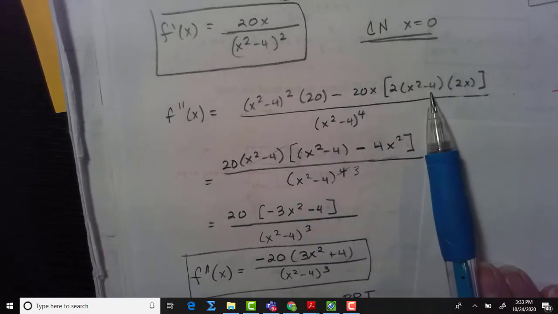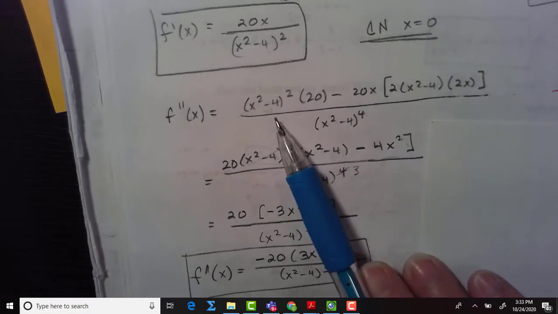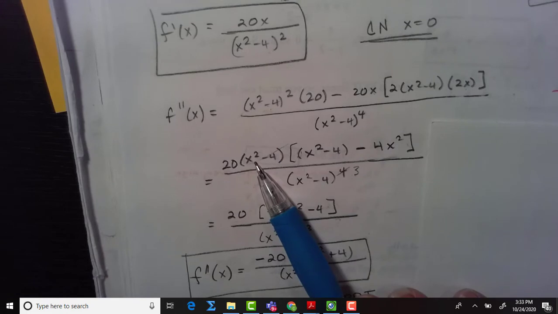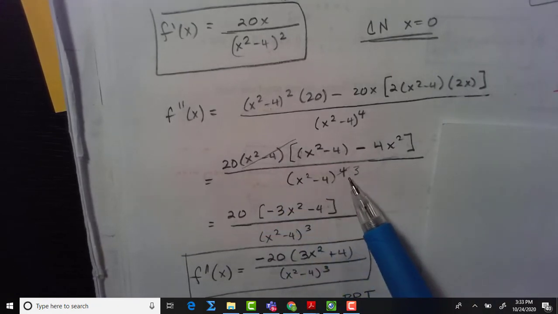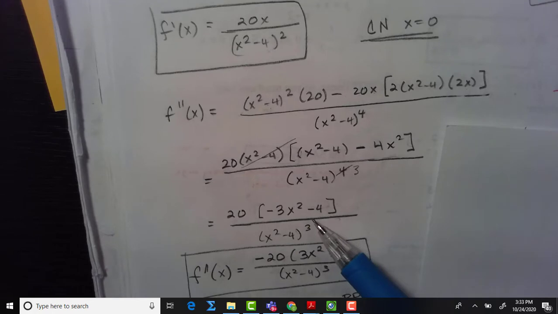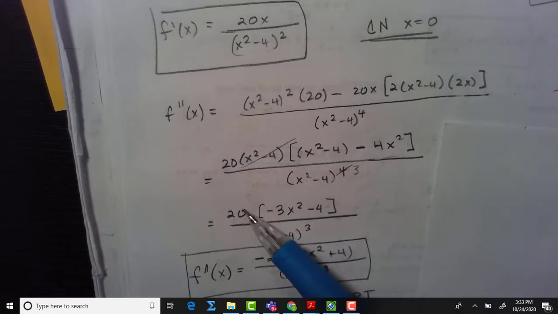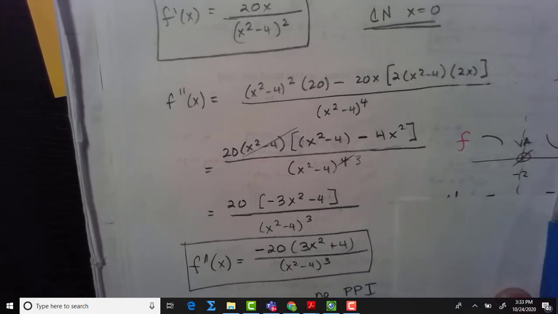You'll notice some clever math we could do is factor out 20 and x squared minus 4. And why would we do that? Because now this x squared minus 4 can cancel with one of these, leaving 3 in the denominator. And we have a little math left to do. Let's make this look a little better. Factor out the negative. And there is our beautiful second derivative. No possible point of inflection.